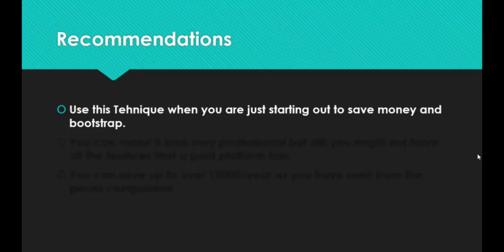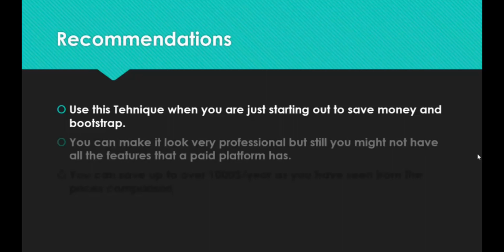Some recommendation: use this technique when you are just starting out to save money and bootstrap. So if you are already at a level where you can afford to spend like $80 per month, okay, to use GoToMeeting or ClickWebinar or any service like that, spend the money on that, okay, because it's more professional. You can make it look very professional, okay.